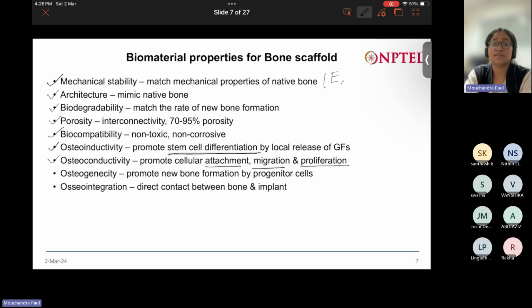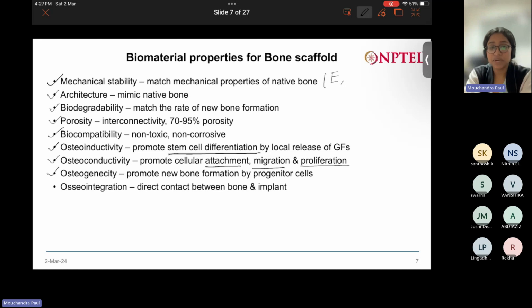So basically, the cell first adheres, then it migrates to a new location, then it increases in number and covers the area. These things should happen. Then the biomaterial should also be osteogenic.